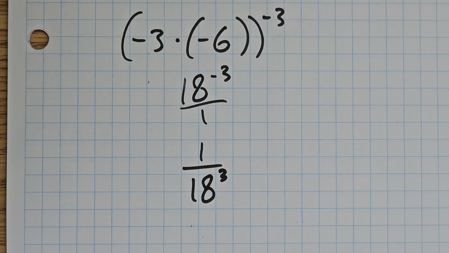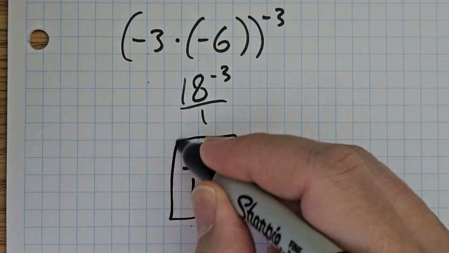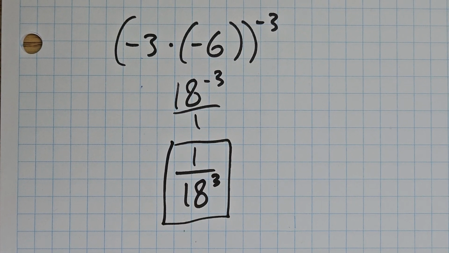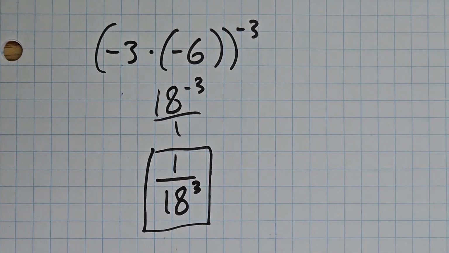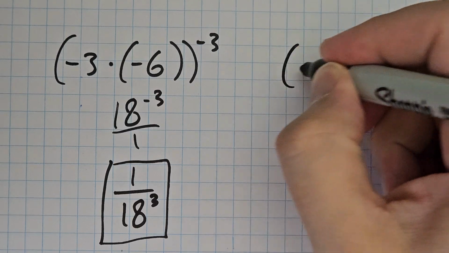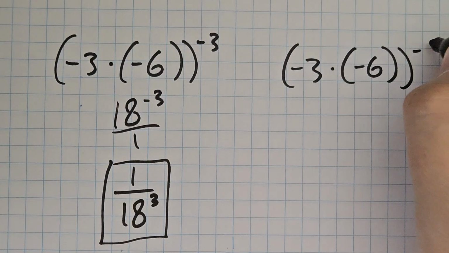The point of the example is to illustrate the property of exponents, and I actually kind of prefer to leave it in this form unless I'm told to fully simplify it. Then I'll do the multiplication off to the side. But 1 over 18 cubed is about as good as it gets as far as I'm concerned. Now let's talk about the other way to do this using another property of exponents.